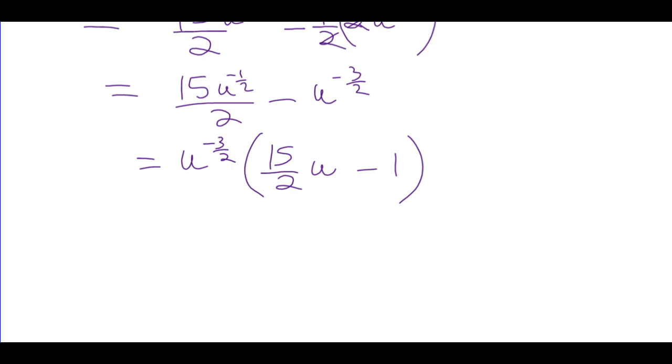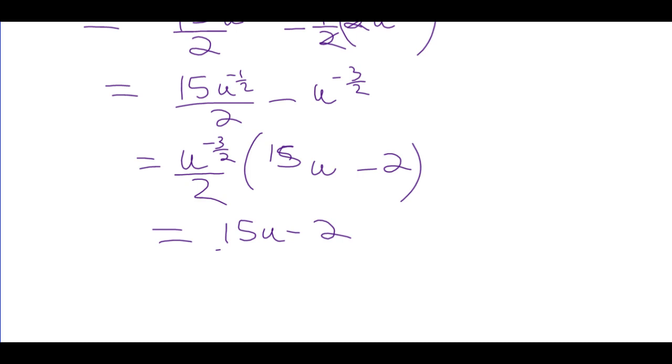Actually, let's do this. Let's take out the half as well, right? So I want to get the half out of there. So we'll take u to the negative 3/2 over 2, and then we're left with 15 u, and then the 2's, so minus 2. So that's better. Okay, so now we have our numerator, 15u minus 2 over 2 u to the 3/2.